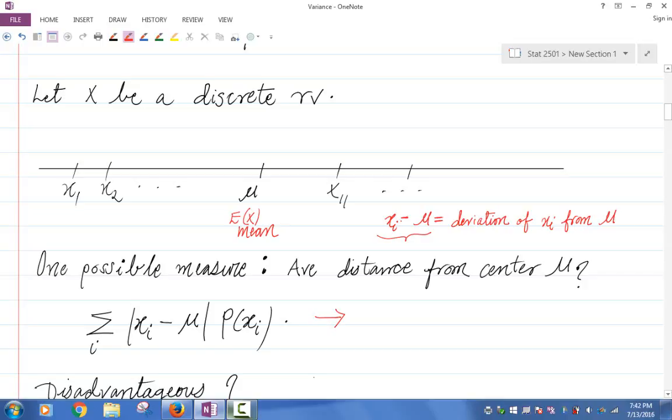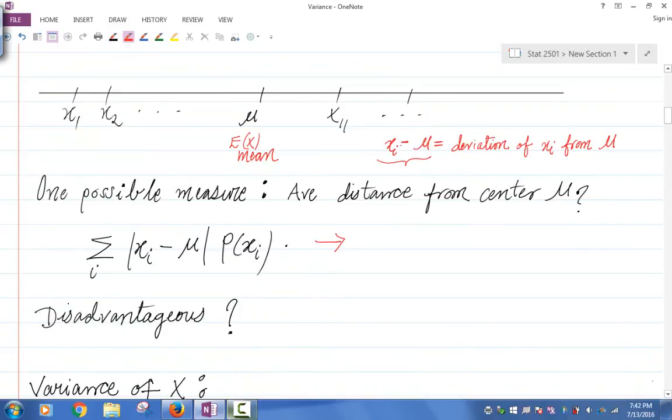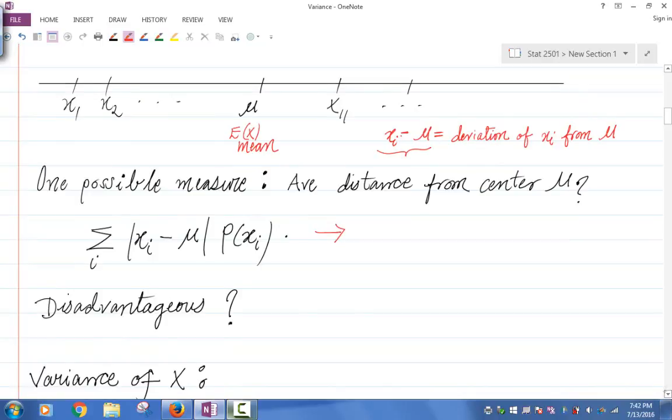That's a long sentence. But this is a nice measure. It measures the spread well, but the disadvantage of this measure is that absolute values are analytically hard to work with. So it's hard to do algebra with them.